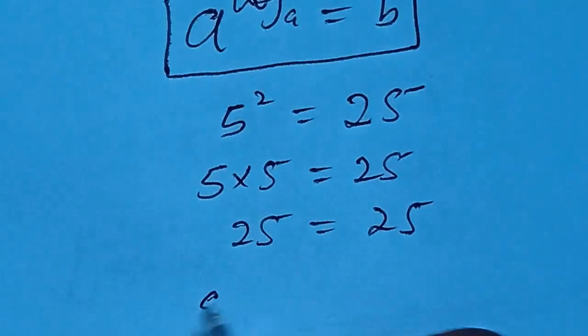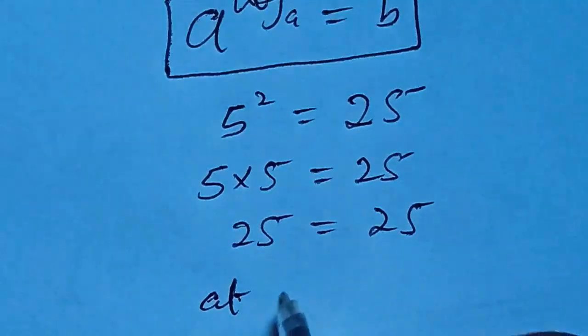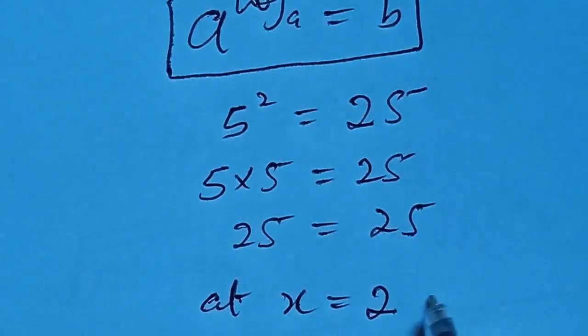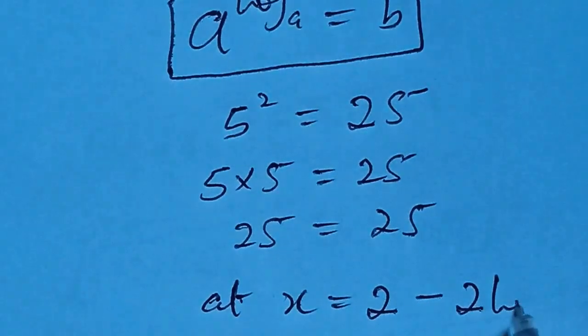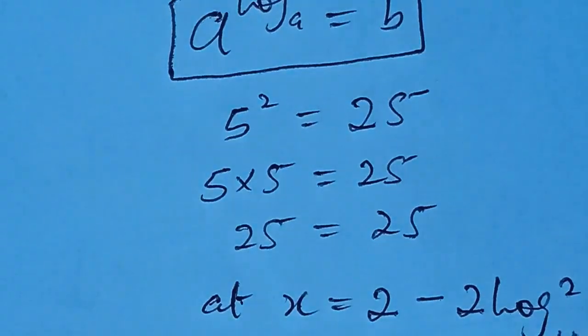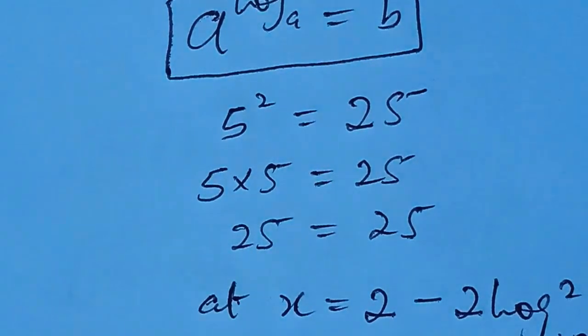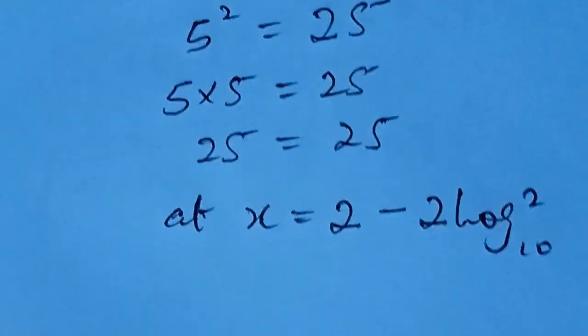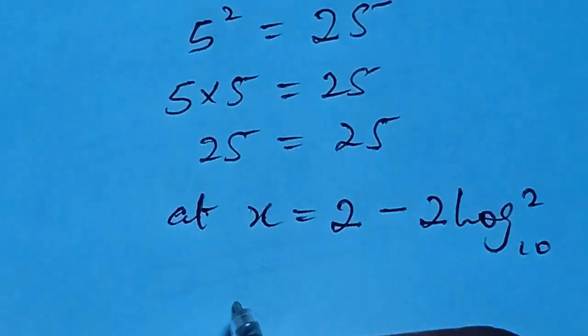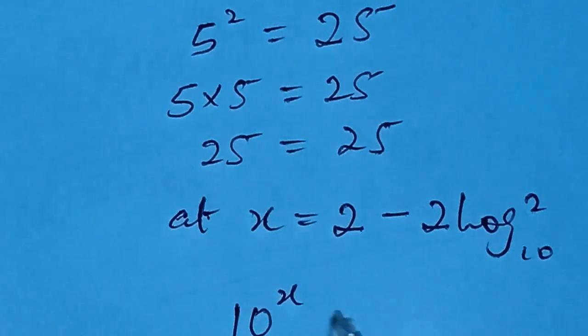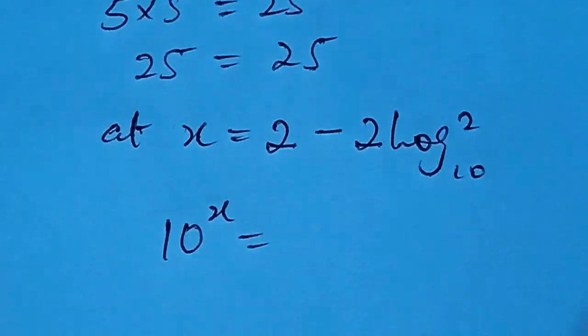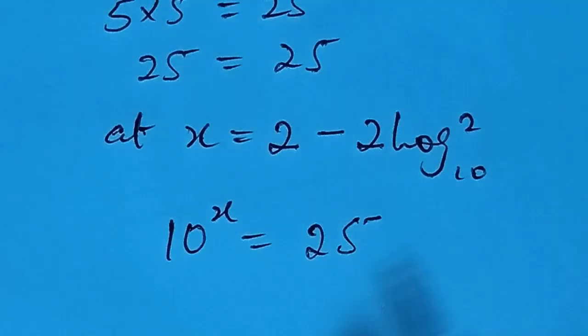Then the value of x at x equal to 2 minus 2 log 2 base 10. So we can also verify this. From our question, 10 to the power of x equal to 25.